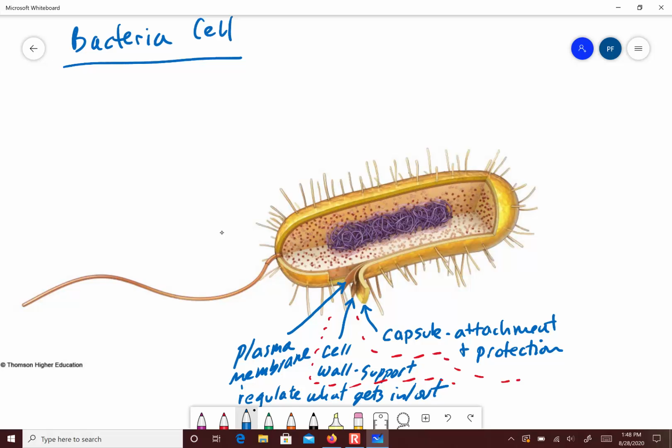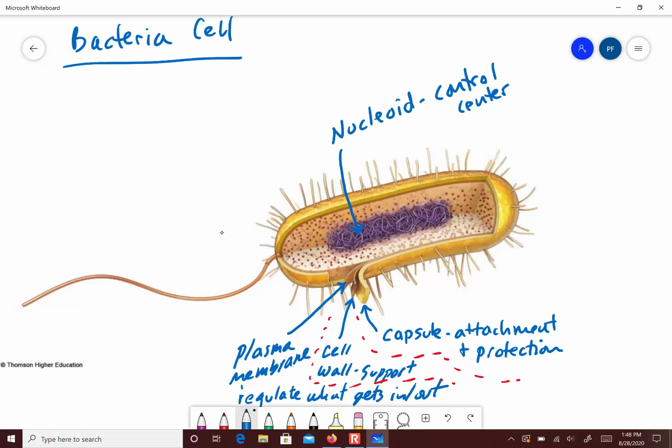Okay, there's really only two things we see in the middle of this cell, inside the cell. There's this kind of purple area that just looks like a bunch of thread kind of balled up. Okay, that's called the nucleoid. And that has the DNA, so it's the control center.